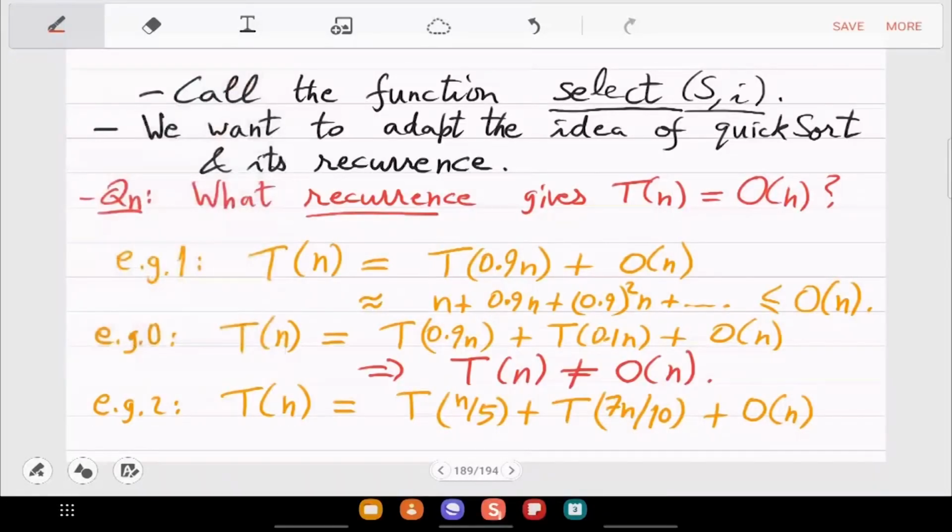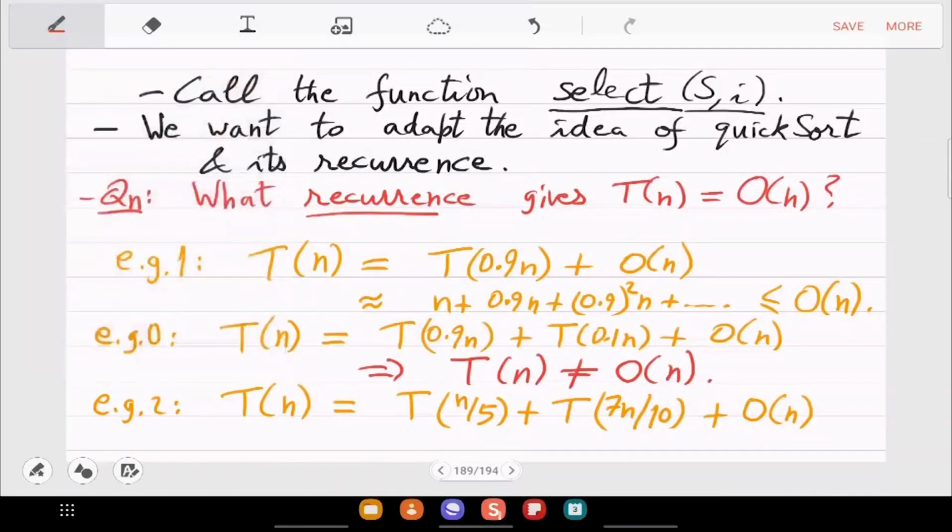And mainly it has two inspirations. First is the quicksort recurrence idea, that you divide into two parts by pivoting and then recursively call on those parts. And what kind of recurrence are we dreaming of? That we have to first fix.